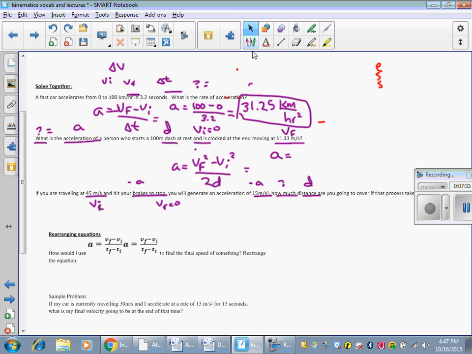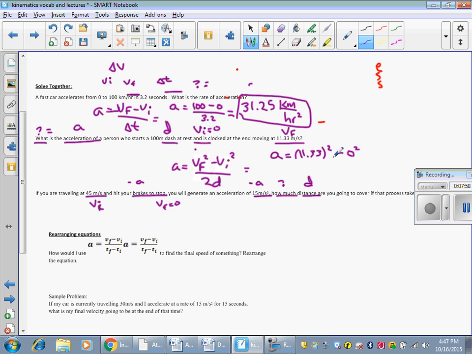My velocity final was 11.33. Square that, right? 11.33 squared, okay? Minus my initial velocity. It's from rest, right? So velocity initial is 0.